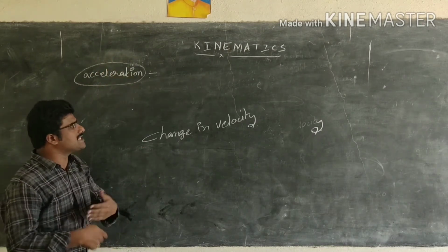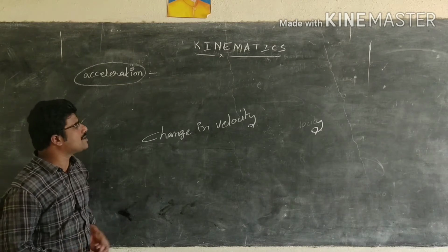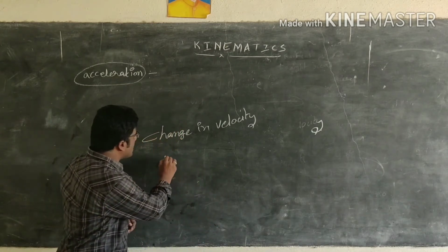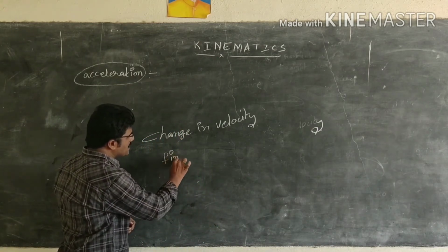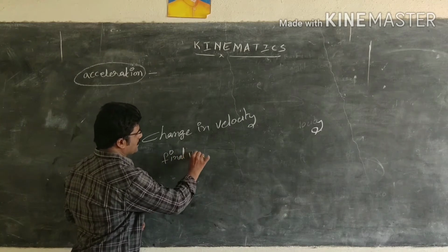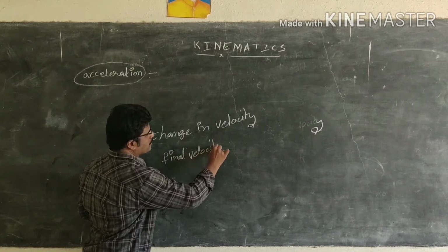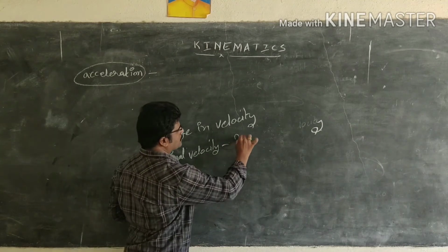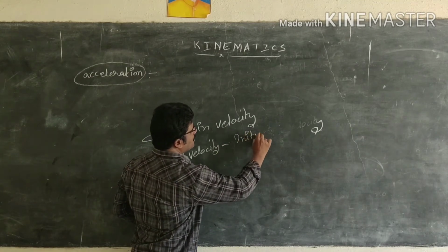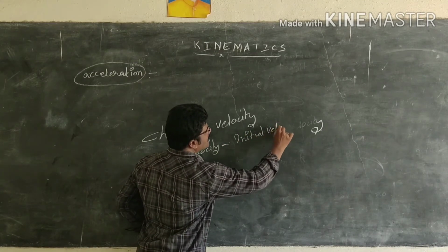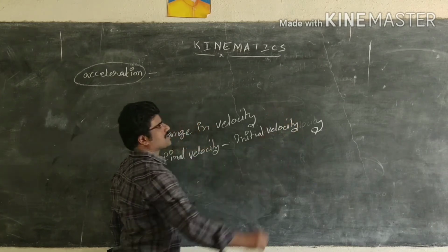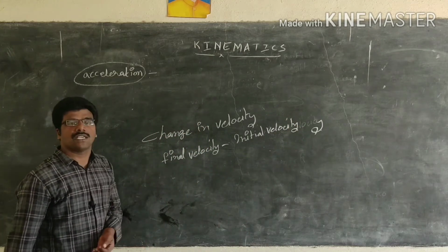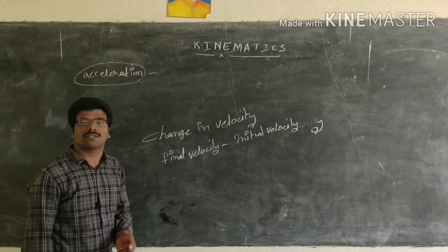What is change in velocity? Change in velocity is simple: final velocity minus initial velocity. That gives change in velocity. What is final velocity and what is initial velocity?